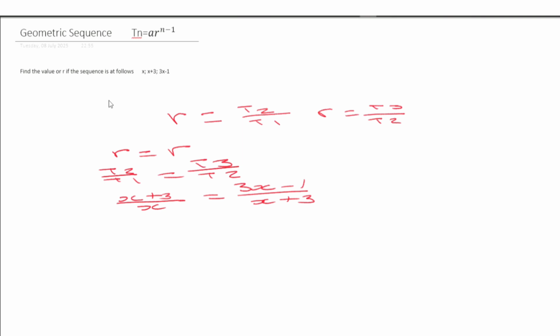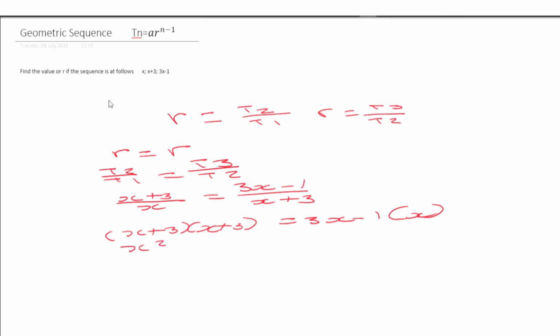Now we're going to do a cross multiplication here to get rid of this denominator. So it's going to be x plus 3 multiplied by x plus 3, which is equal to 3x minus 1 multiplied by x. Then we're going to multiply all of this out.